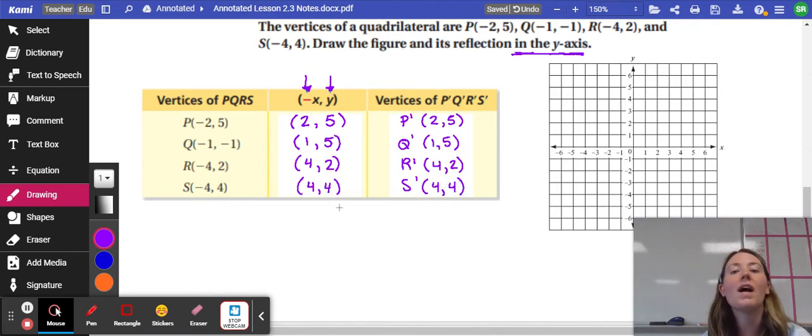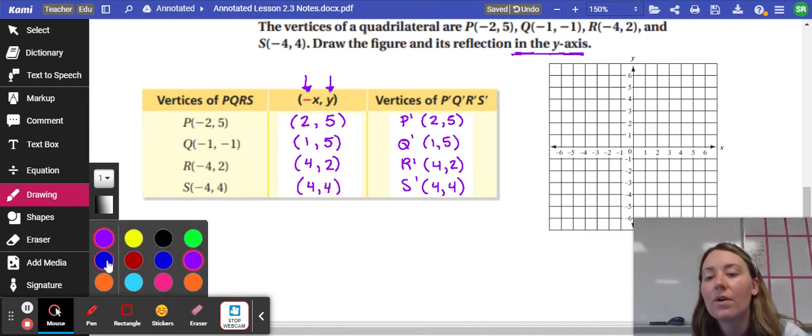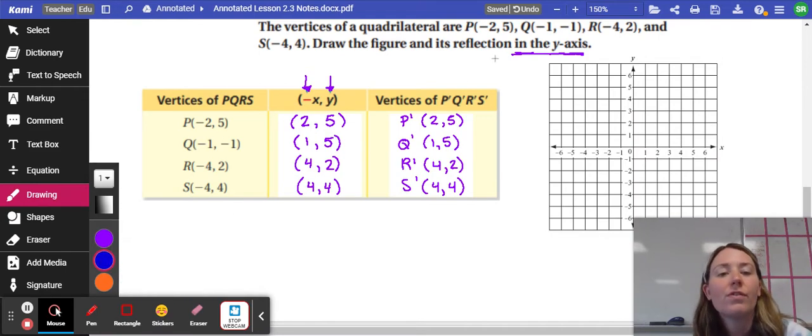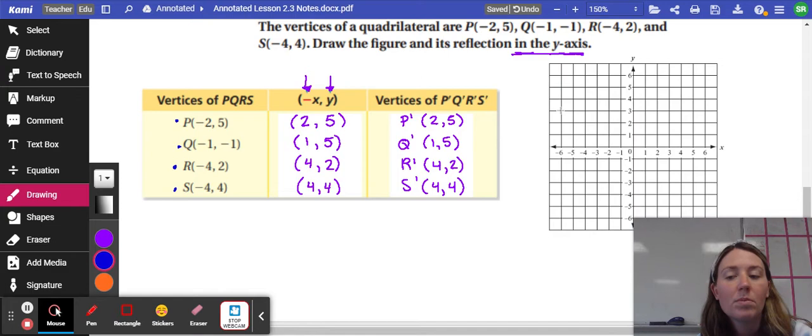Right, and now I'm just going to plot each of these on the coordinate plane along with the original figure to show that reflection over the y-axis. So I'll plot the original figure first. I'm going to use blue to plot these points, P, Q, R, and S. P is at -2, 5.